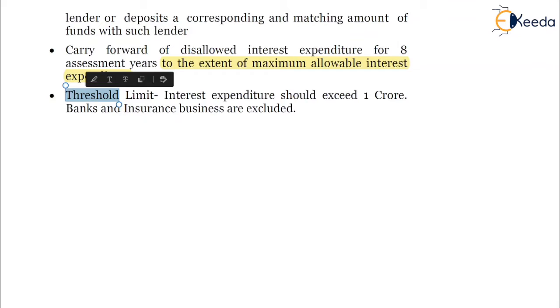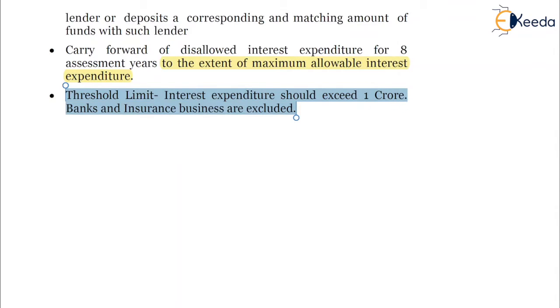Threshold limit: interest expenditure should exceed 1 crore for Section 94B to be applicable. Banks and insurance business are excluded from Section 94B.